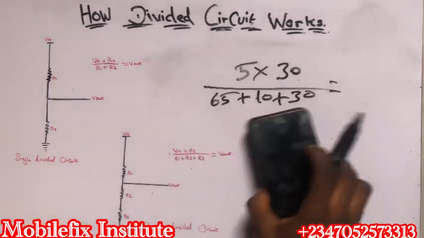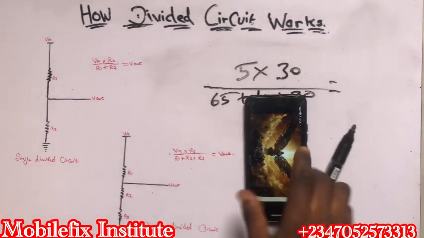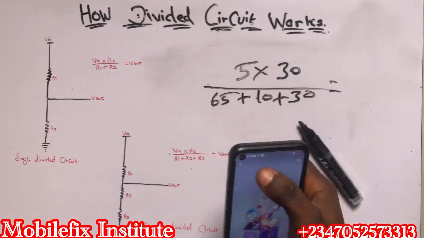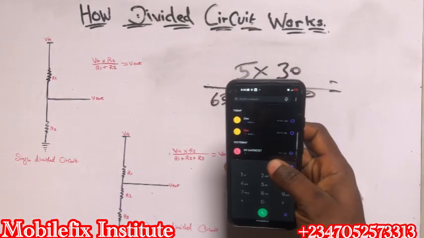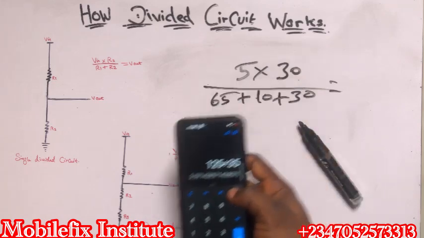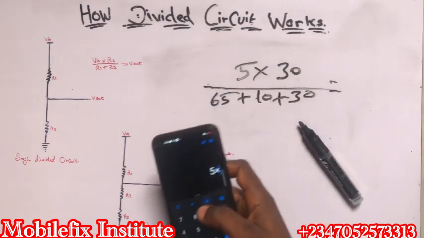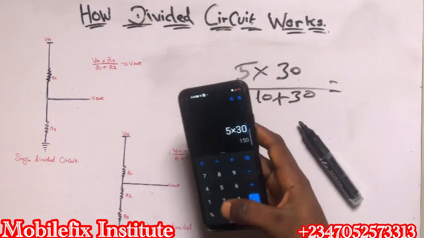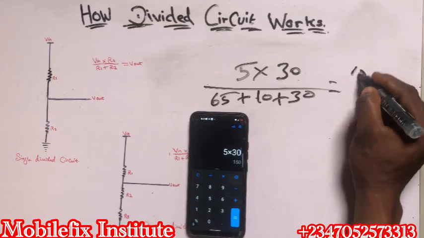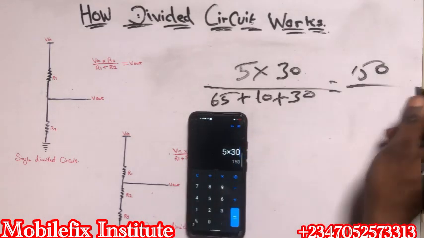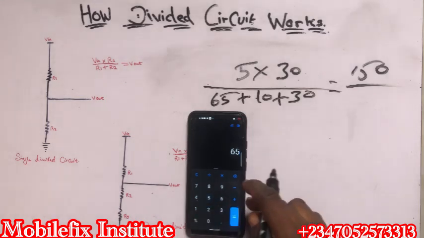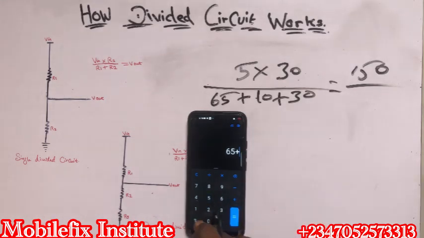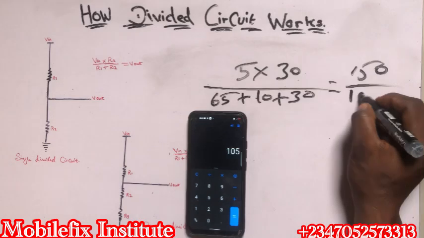So let's see the output voltage that is going to give us. 5 times 30 will give us 150. Then we have 65 plus 10 plus 30, so this will give us 105.